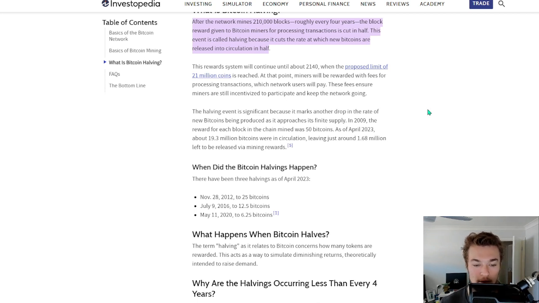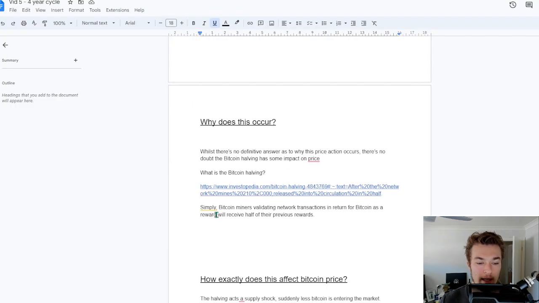So, pretty well, I've got written here, simply, oh god, don't correct my grammar, simply Bitcoin miners validating the network transactions in return for Bitcoin as a reward will receive half their previous rewards.